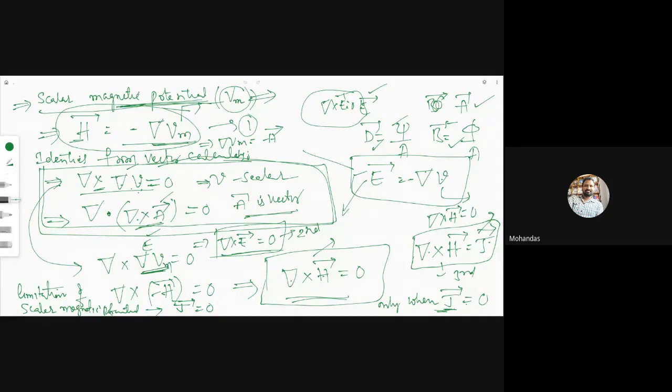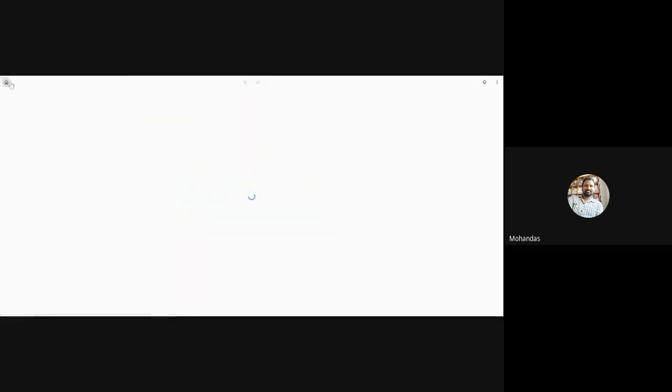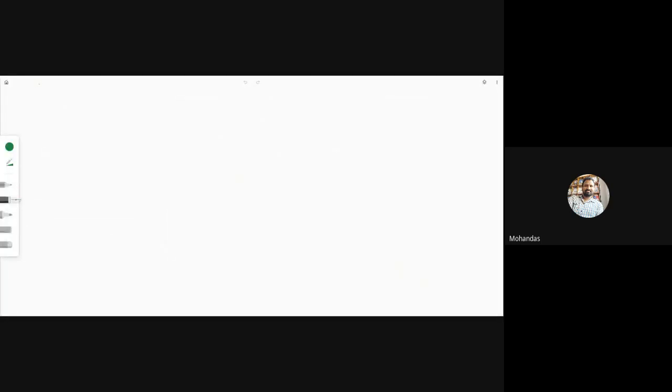Now one more thing is that in electrostatic fields we have the Laplacian equation. In the same way, we also have a Laplacian equation for scalar magnetic potential, which is derived from Maxwell's fourth equation. What is Maxwell's fourth equation?